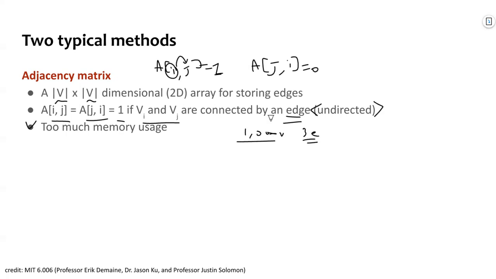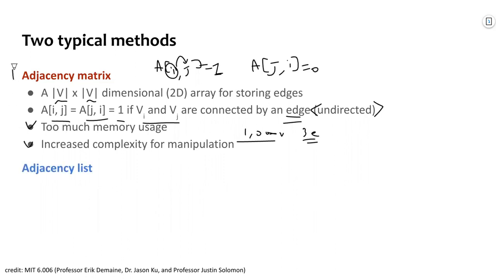That is a waste of memory. And as we have more and more vertices and edges, the complexity for manipulation increases more and more. So these are 2 issues with the adjacency matrix. And this is the first method that we use to represent graphs in a computer.